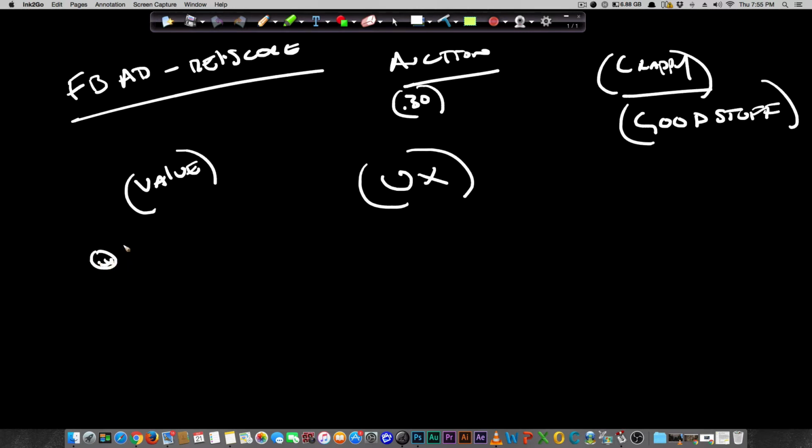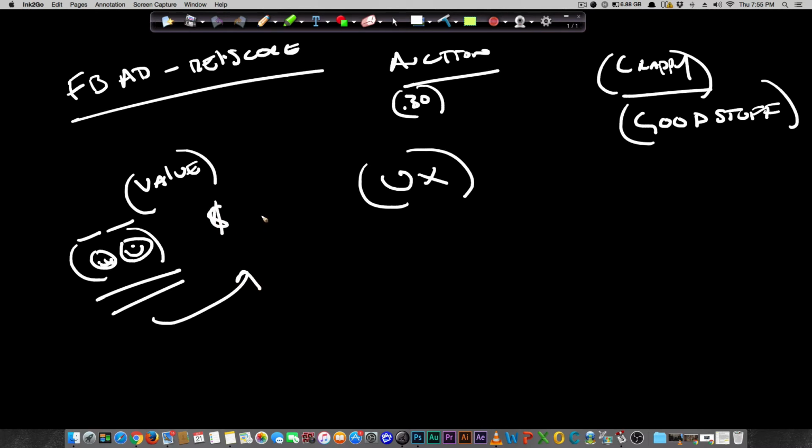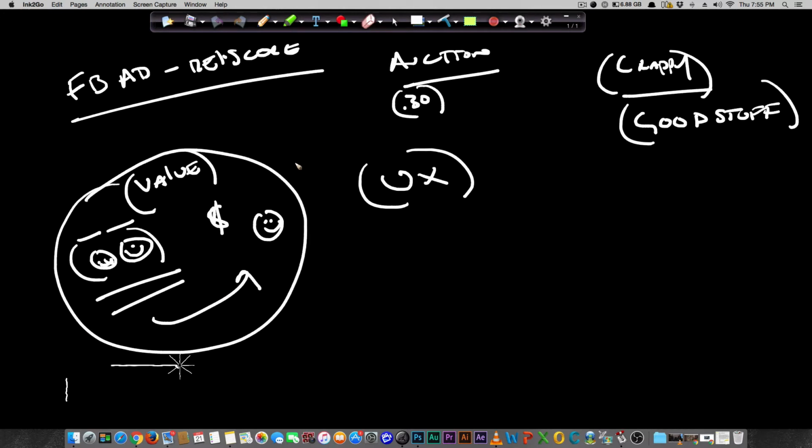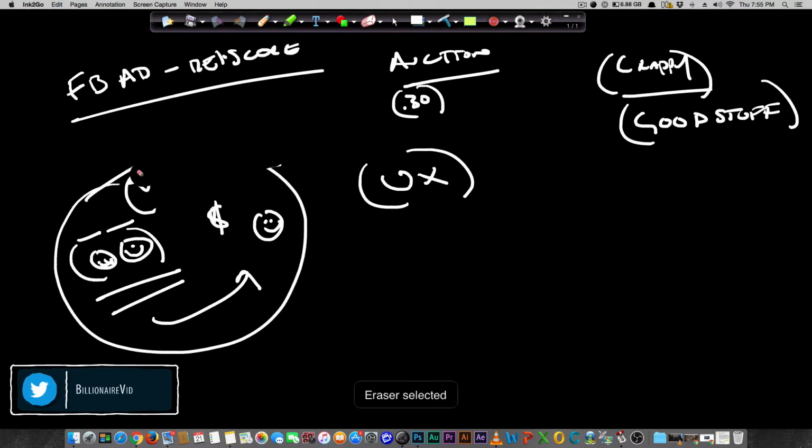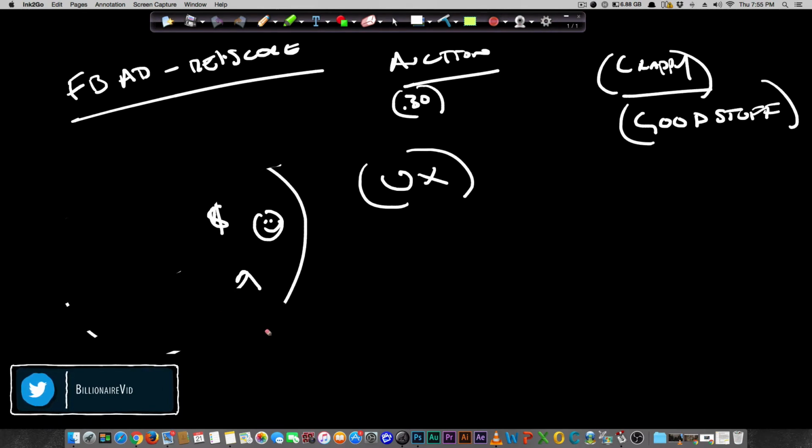They're happy. And then your prospect is happy, right? That's a win-win situation, because if Facebook is happy and the prospect is happy, that means you're cha-chinging, you're getting money, and you're happy, right? So everybody's happy in this value situation. But that's not where we're going to go today, talking about value.